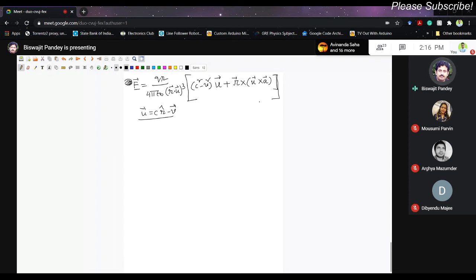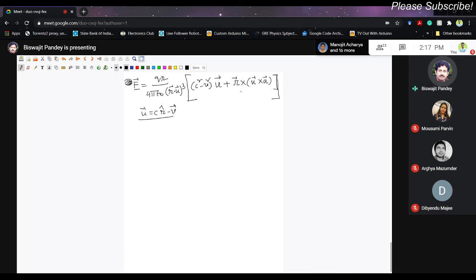And we see what are the factors which decide this curly R vector, which is a function of retarded time. U depends on curly R cap direction, and V at retarded time, the velocity of the charged particle, and acceleration. So it contains all the terms containing velocity, acceleration, and the position vector of the moving point charge. So this is the electric field.